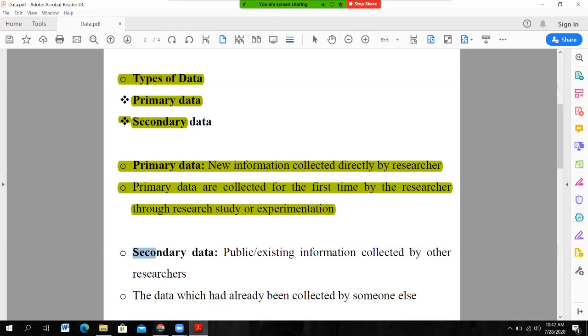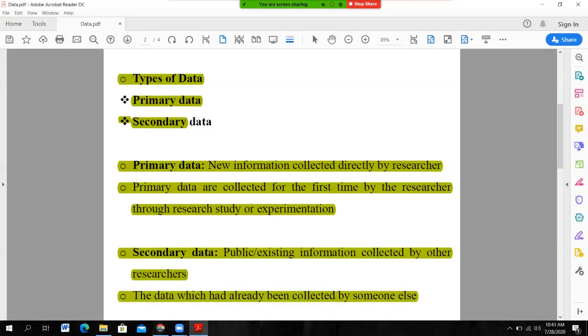While secondary data is actually public or existing information collected by other researchers, so the data which had already been collected by other researchers. So two types of data, primary data and secondary data. Primary data is new information, a new type of data collected by means of experimentation. Secondary data is already collected data, and now that data is actually the public or existing information.